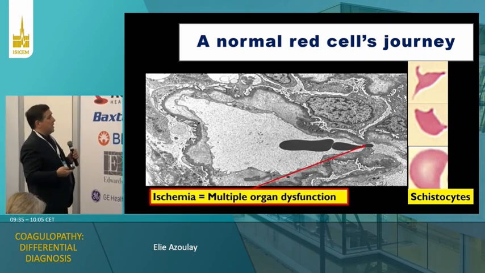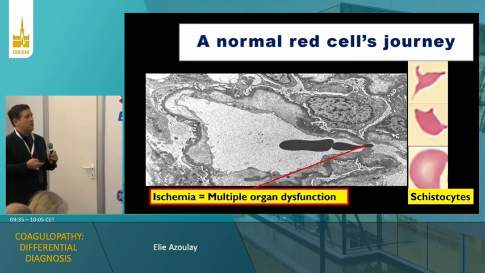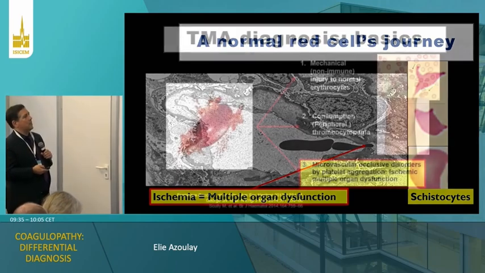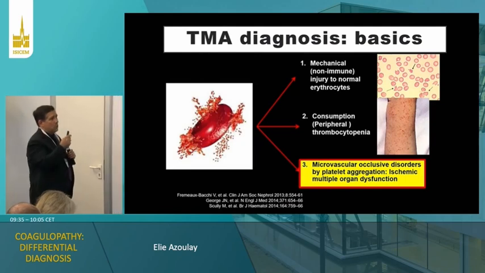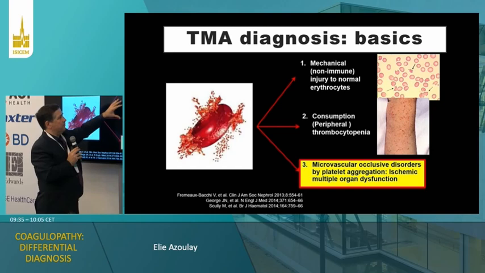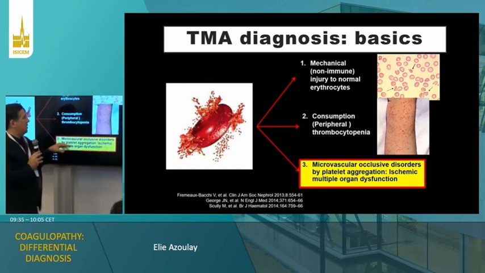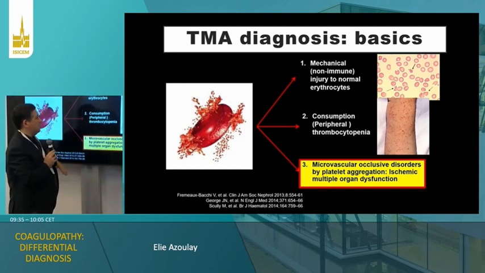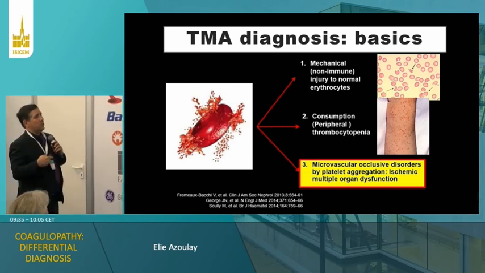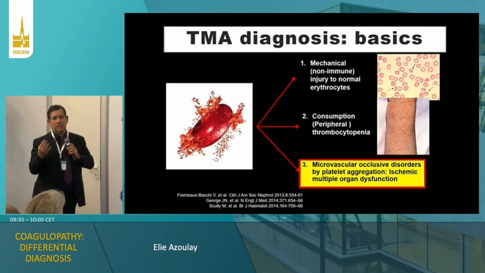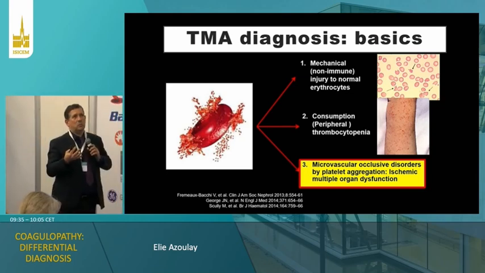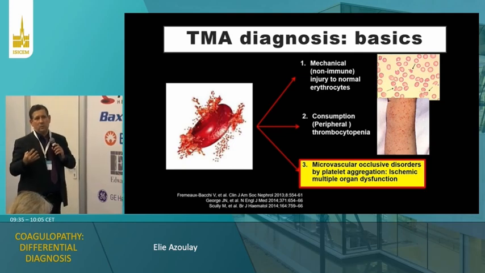So then, from that, we need to assess whether the patients are severe, where the organs are affected by ischemia, and then we need to really understand that after we have seen the schistocytes and the thrombocytopenia and have made the assessment of organ dysfunction, whether it's a TTP, which has an incidence of 1 per 600,000 people per year in each country.